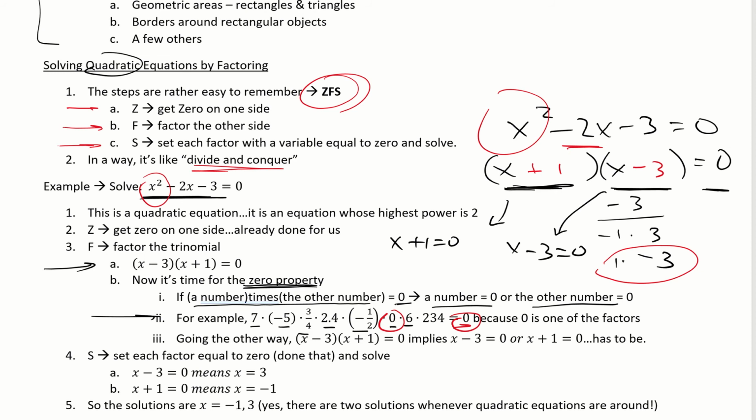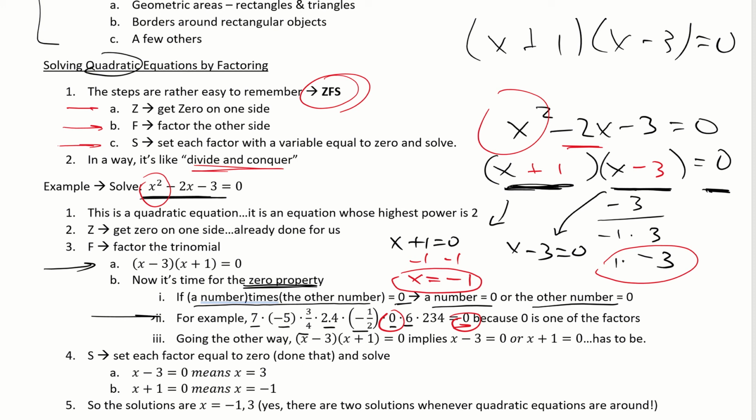In order to make this equation equal 0, what x value can I put into the first parentheses to make the first factor 0? Answer, if you solve this, minus 1, that's it. X is negative 1. If I put in a negative 1, let me put it up here again to see it. x plus 1 and x minus 3 is 0.